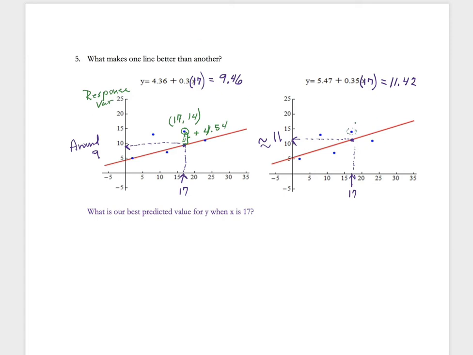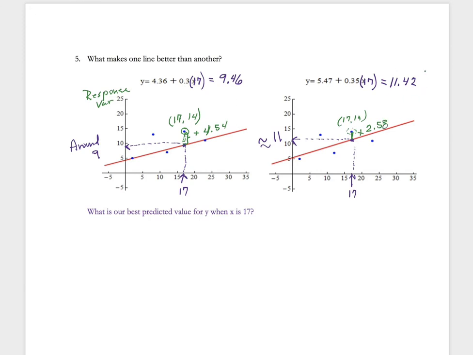Here is that same point, 17, 14. This distance is our error. So the way we correct our prediction down here on the line is by adding 2.58.